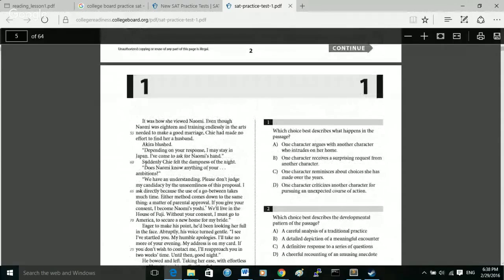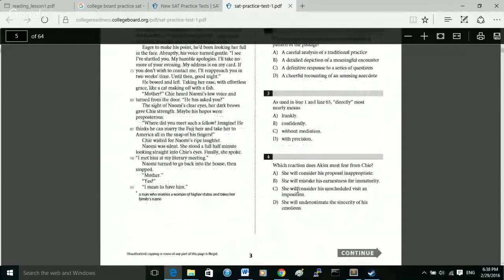In fact, Chi welcomes Akira in the beginning, so he's not afraid that Chi will think his unscheduled visit is an imposition. So therefore, answer choice A is most correct.